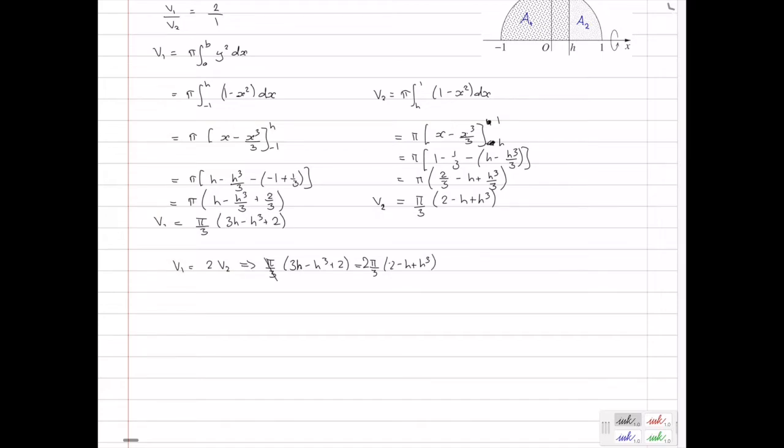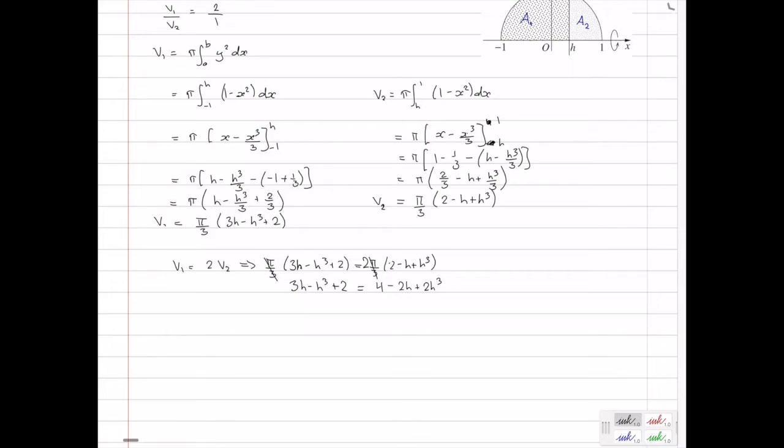Okay, we can cancel our pi on 3 here and a pi on 3 here. And we can distribute that 2 through on the right-hand side. So we get 4 minus 2h plus 2h cubed. Okay, that's equal to 3h minus h cubed plus 2.